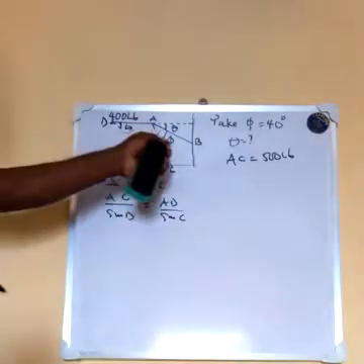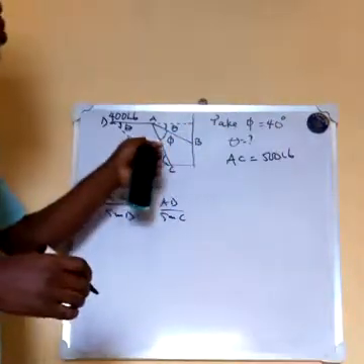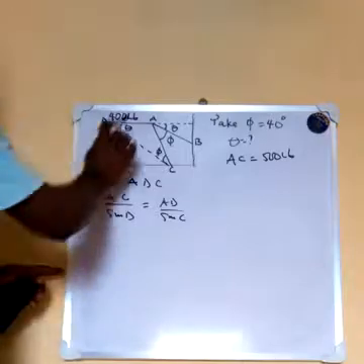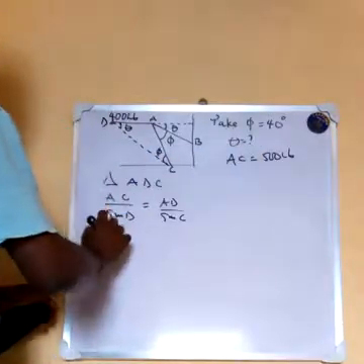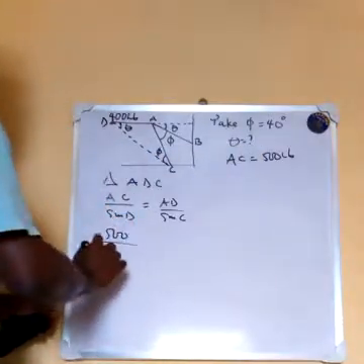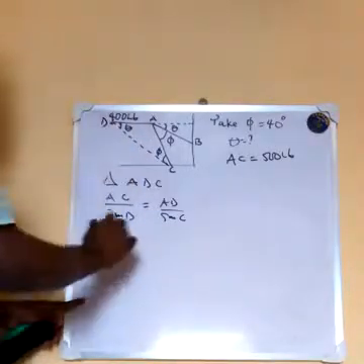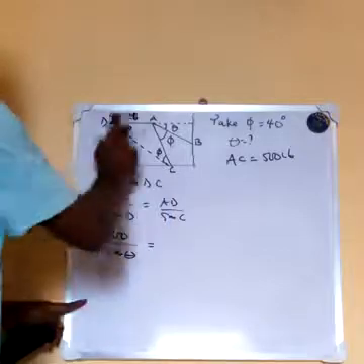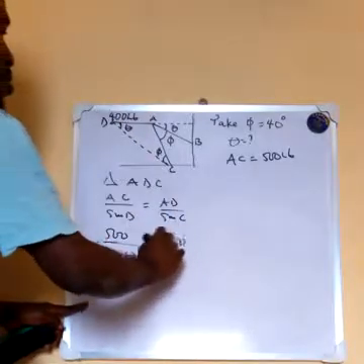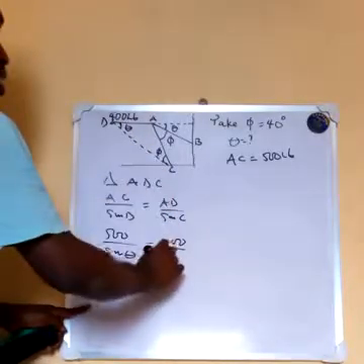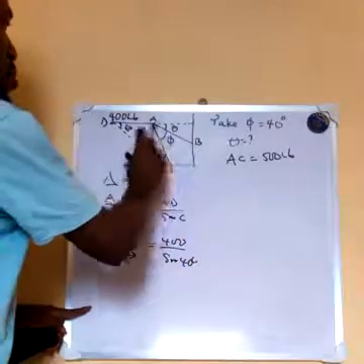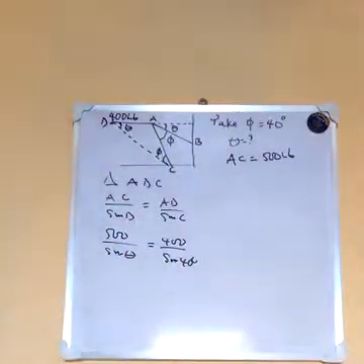So don't forget, phi is given to be 40, so you have to put your 40 here. And let's go now. AC is 500, so you have 500 over sine D, which is sine theta. D is theta, looking for theta, equal AD, which is 400 over sine C, which is 40 degrees. Phi is 40, which is given.